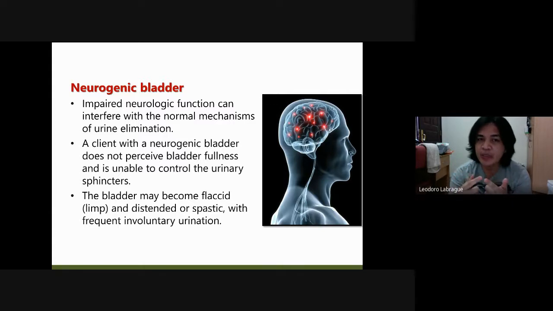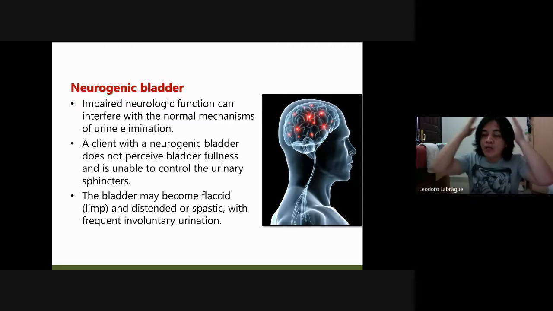Neurogenic bladder occurs if the cause of the urinary problem is related to the neurologic function or the brain. For example, if the patient had a head injury, an accident, and the brain and the spinal cord are affected. Technically, if the brain and spinal cord are affected, the system or the center of the brain that controls urination will also be affected.